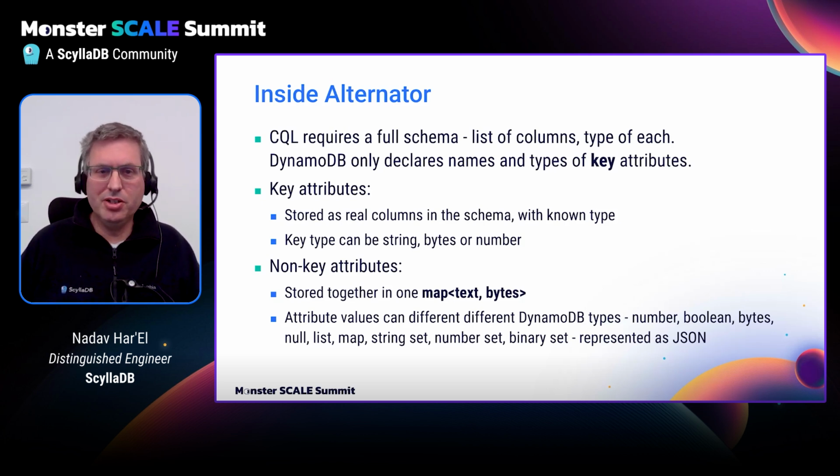It can be a boolean, a list, a number, bytes, a string, and it can also be a complicated map, a map of other maps, and all sorts of nested document structures. So all these values are represented as a value in JSON. For some types like strings or numbers, we have a more efficient way to store them without JSON, but the more general types we store as JSON in the table.